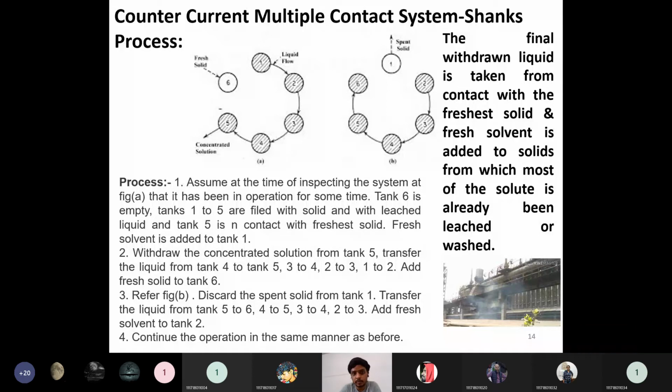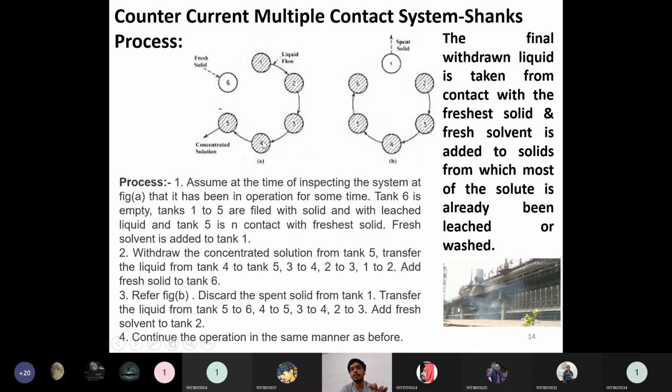This one is older. First we assume this first one; this is younger compared to it. Tank 3 is younger compared to tank 1, with respect to solids I am saying. Tank 4 is younger compared to tank 3, and tank 5 is younger compared to tank 4.